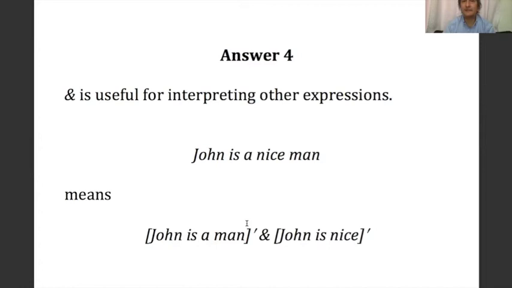Now, this fourth answer is a reason for having logical "and" in our logic. It says nothing about using it to interpret English "and," but it's useful for interpreting other expressions. In the sentence "John is a nice man," for example, we can indicate part of what it means by saying it's a conjunction of "John is a man" and "John is nice."